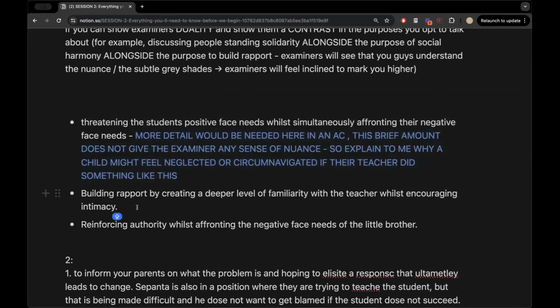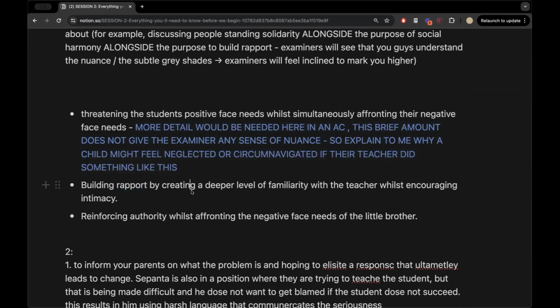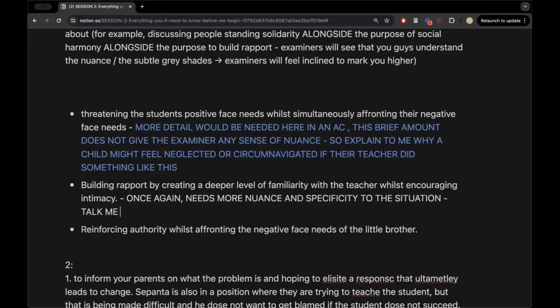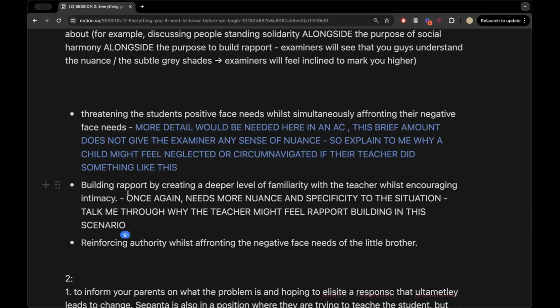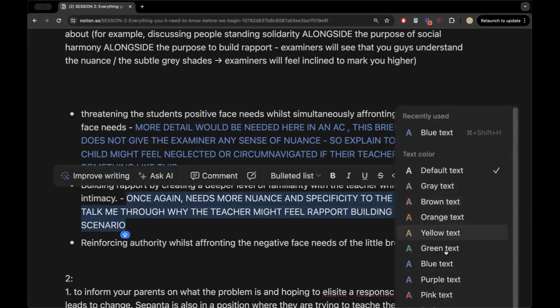And so then you've got building rapport by creating a deeper level of familiarity with the teacher whilst encouraging intimacy. Yeah, nice. But once again, it needs more nuance and specificity to the situation, right? Talk me through why the teacher might feel rapport building in this scenario, if you want that edge, that next step.